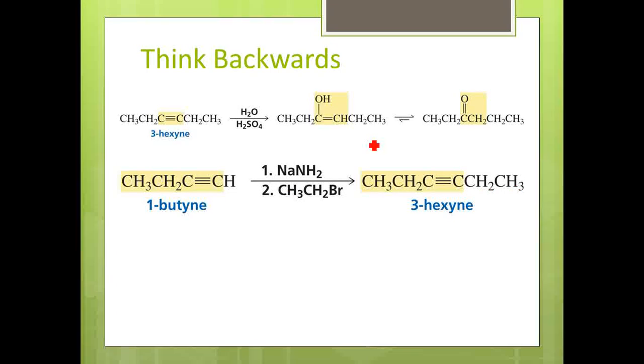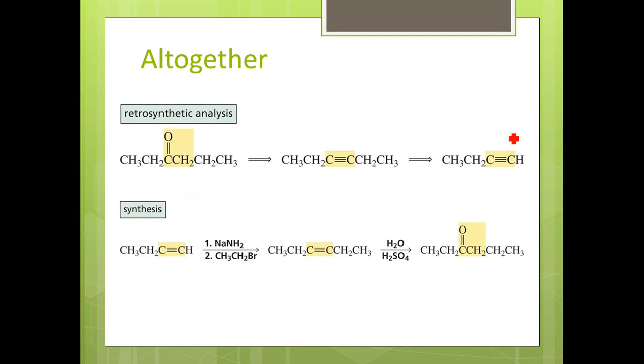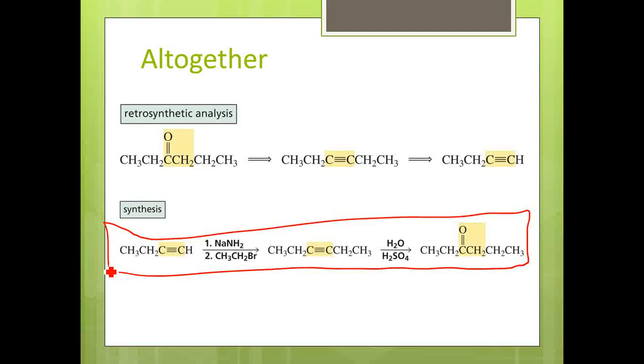We're going to be able to do this in just 2 reactions. What we're going to do is use some sodium amide and the ethyl halide to make the 3-hexyne. Then once we have our 3-hexyne, we'll just use water and the sulfuric acid to make our carbonyl, our ketone.